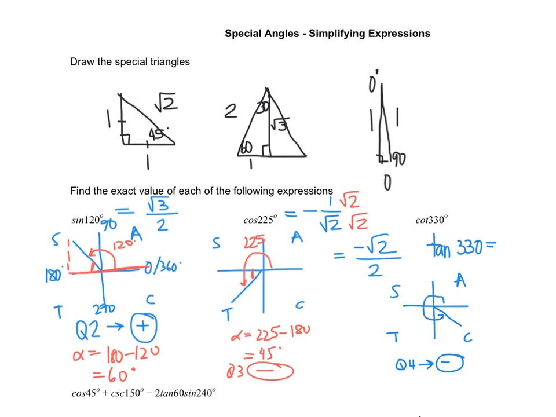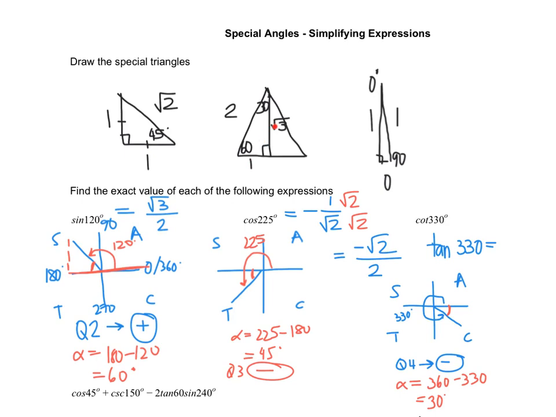And now 330 is this giant angle, and our alpha is this small angle. So alpha is going to be 360 subtract 330, which is 30 degrees. Now we can figure out what tan of 30 degrees is, and we have to keep in mind that it will be the negative version. So looking at our equilateral triangle and using 30 as our reference angle, tan is opposite over adjacent.